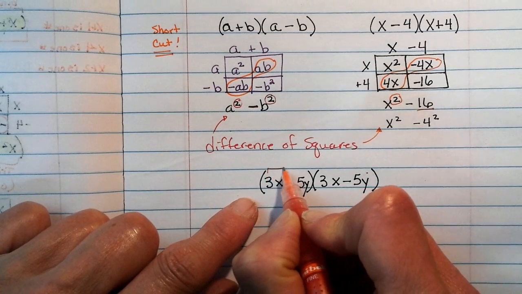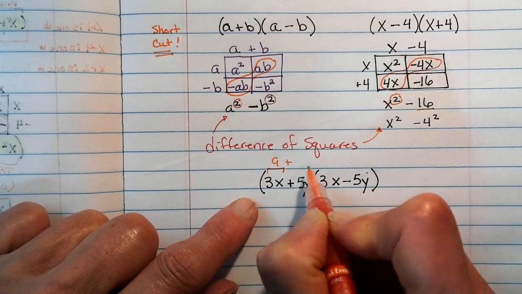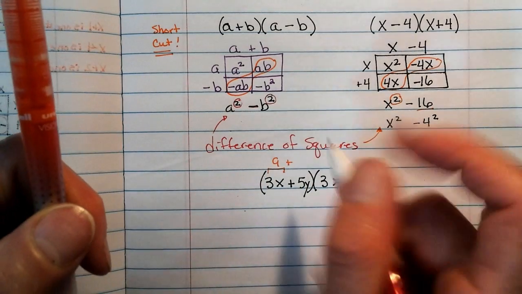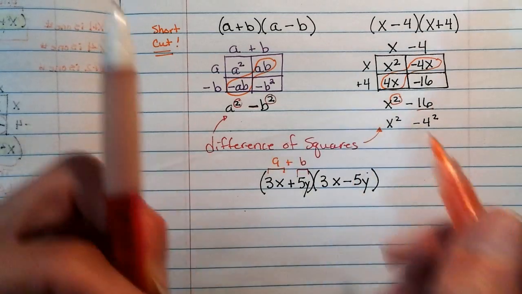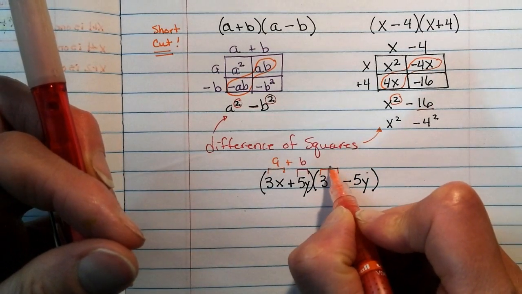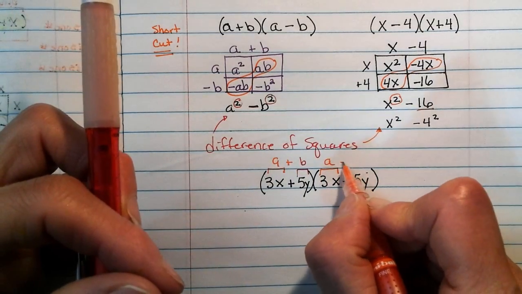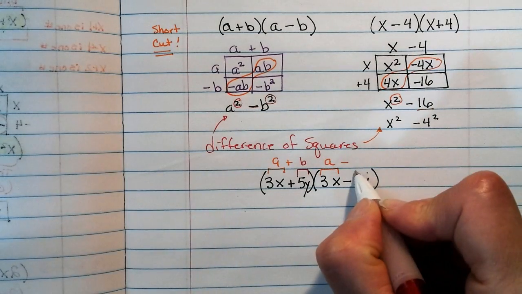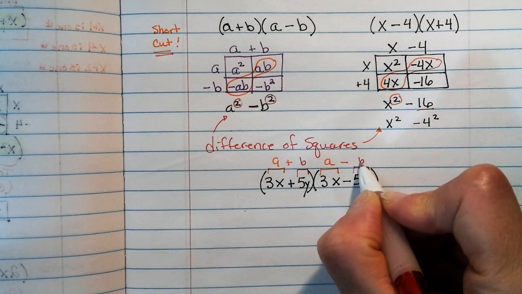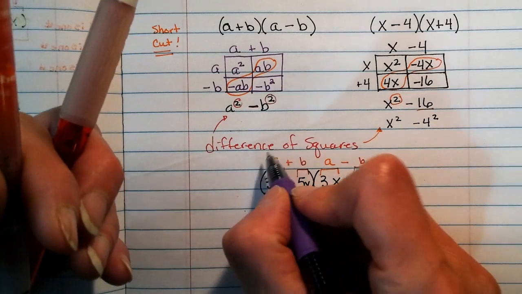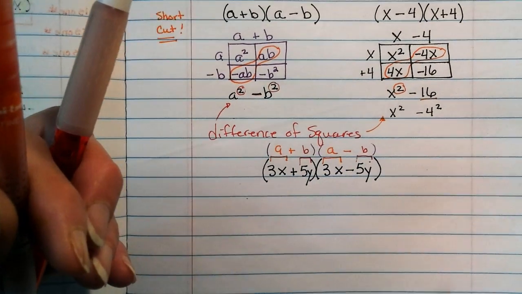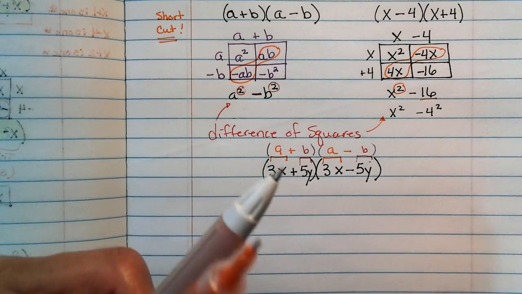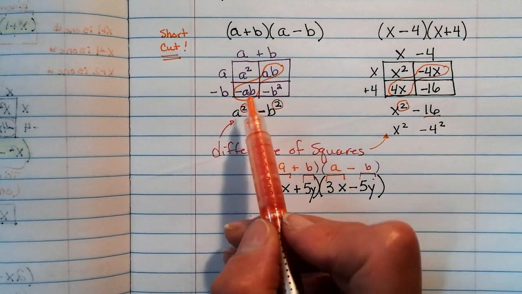Well, this is like A, and then this here is like my B, isn't it? 3x is like my A, and my 5y is like my B. So we can see here that that's following the pattern. So this is a shortcut. So notice what we did up here.